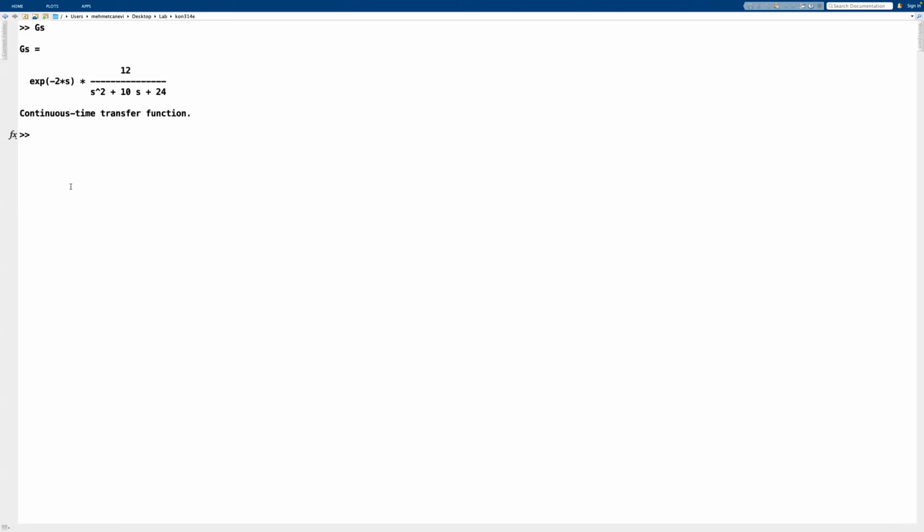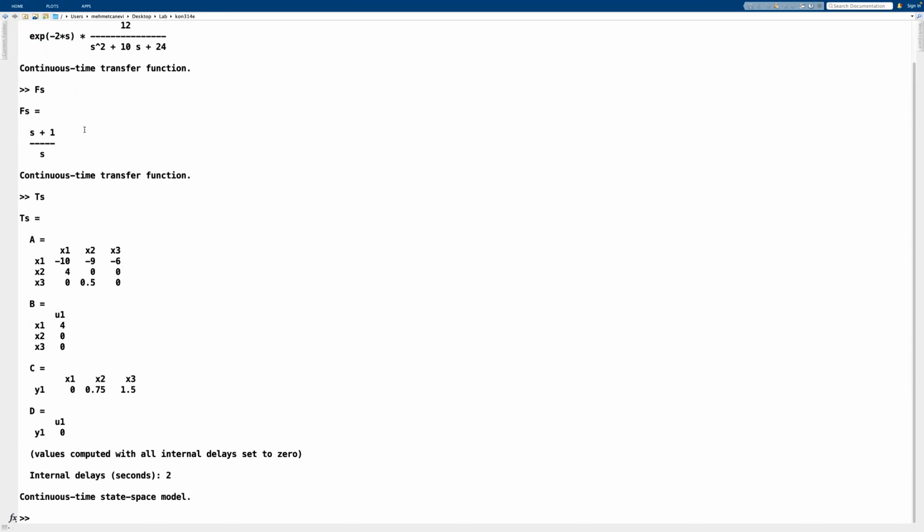Now, this is G(s), and you can see that MATLAB also uses the same notation because it has to. In the Laplace domain, it will be e to the power of minus 2s, 2 being the delay here. Now let's have the controller, (s plus 1) divided by s. This is the PI controller that I came up with. And let's have T(s).